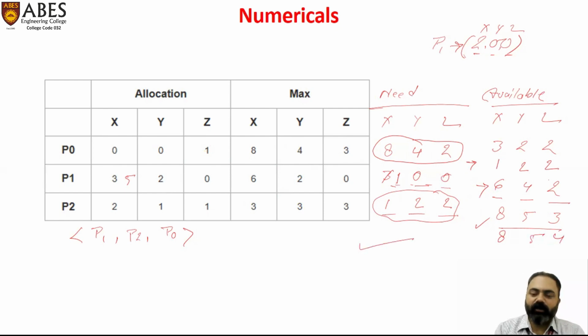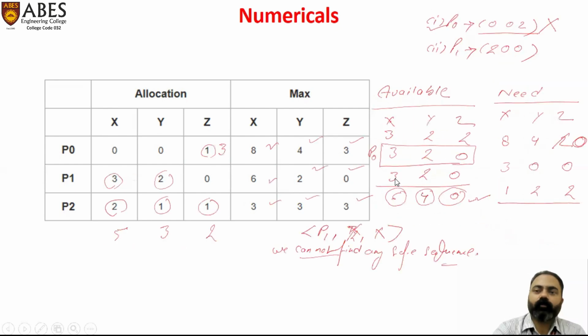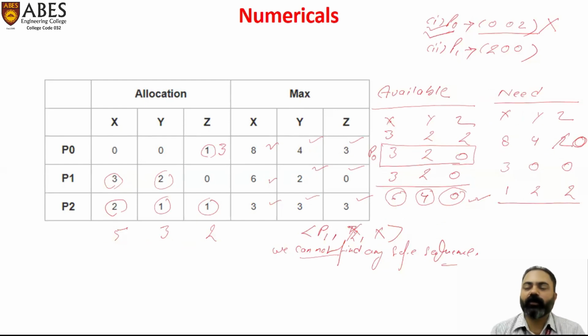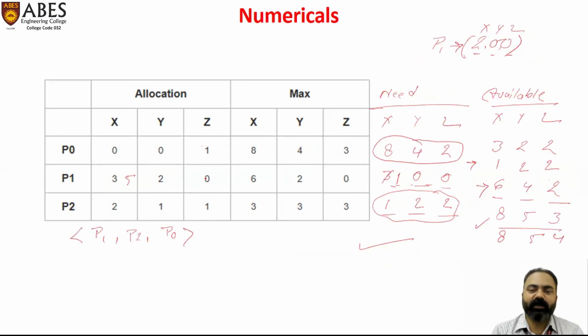As we can see in previous, if we try for P0, then the system cannot find any safe sequence. When we cannot find any safe sequence for P0, then we will not allow P0. And while we calculate for P1, it will give us a safe sequence which is P1, P2, P0. So we can say that we can allow the P1 process.